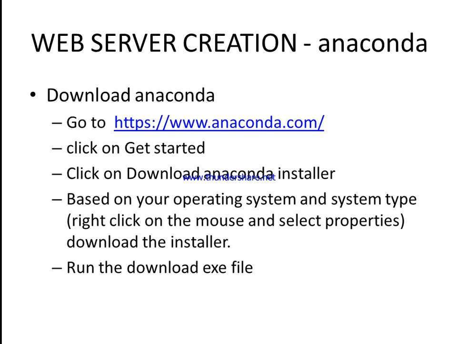Before downloading the Anaconda installer, you should verify the system properties of your system. First confirm your operating system as well as the system type. The system type represents whether your system is 32-bit or 64-bit. To identify this, right click on your mouse on your desktop screen and select properties.